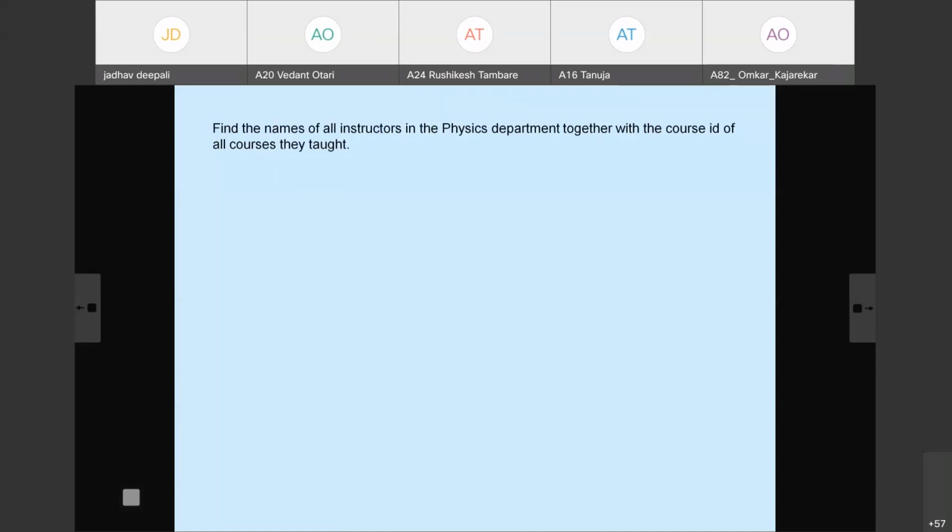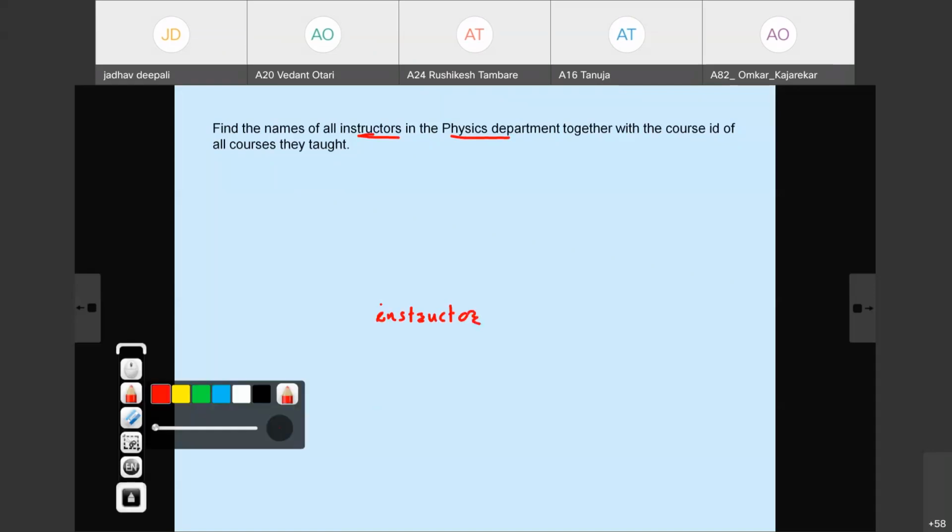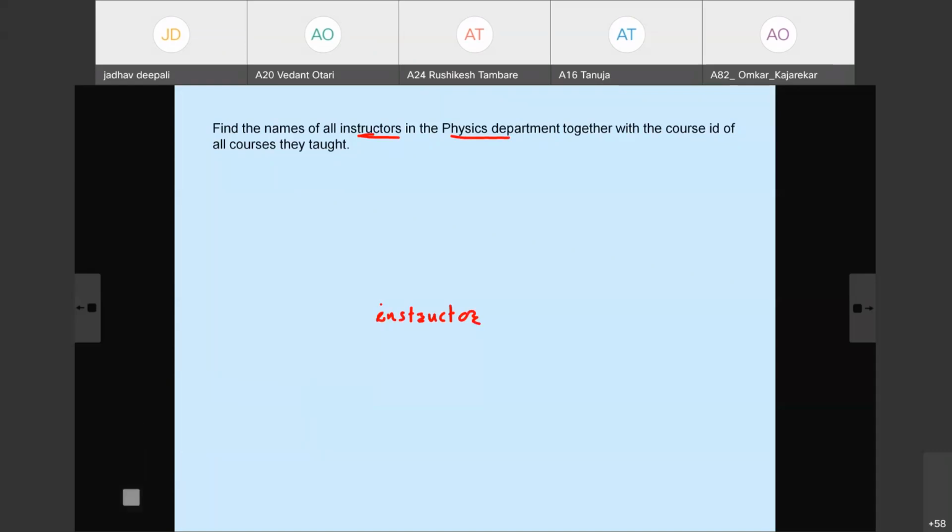Means we require the instructor relation, because it's the physics department. In the instructor relation, the ID is there, the name of the instructor is there, and we want the name of the instructor. Then department name is there and salary is there. So definitely we require the instructor relation.